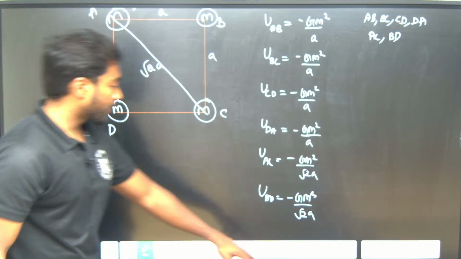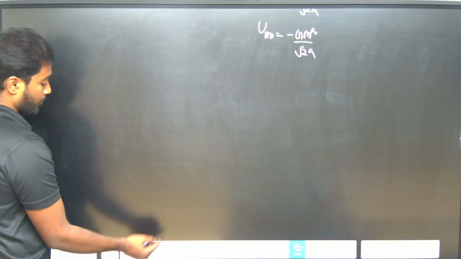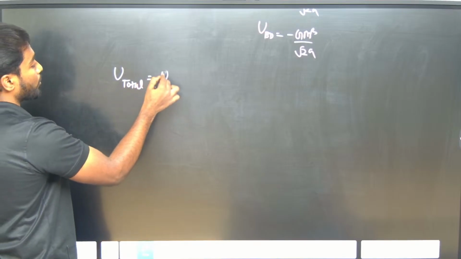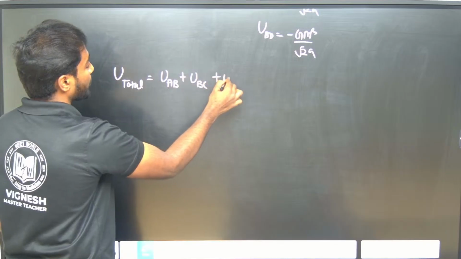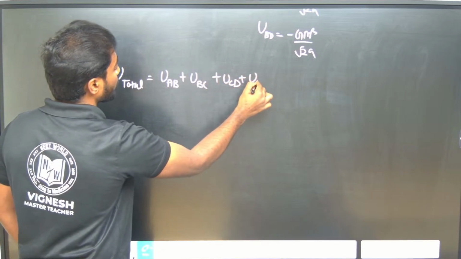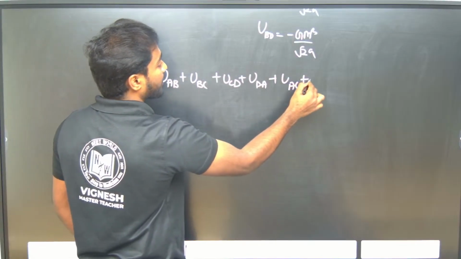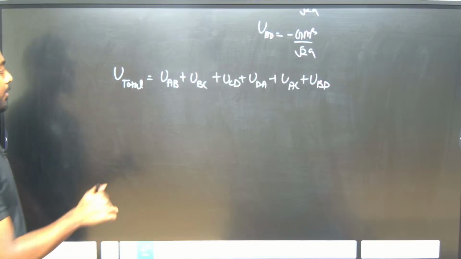Now I need to add everything. U total equals UAB plus UBC plus UCD plus UDA plus UAC plus UBD.